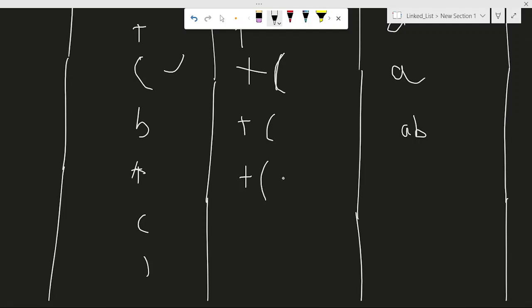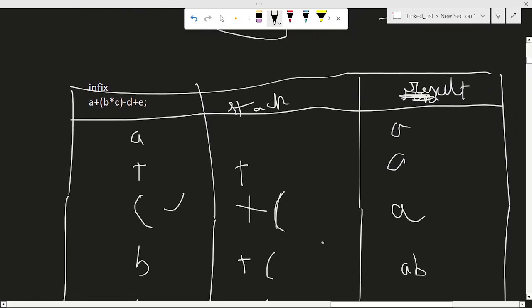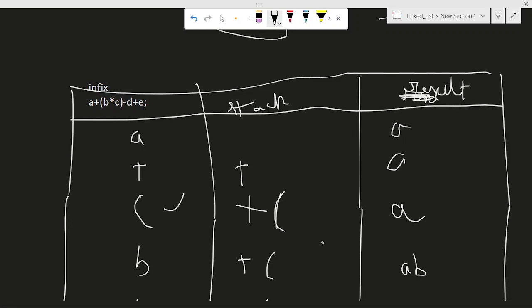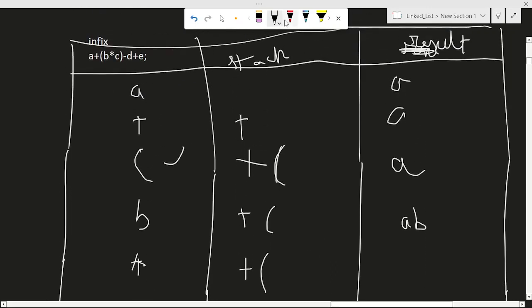Whenever an operator will come into the stack, if its precedence is greater than the stack top, then push. Imagine I have to put star here.